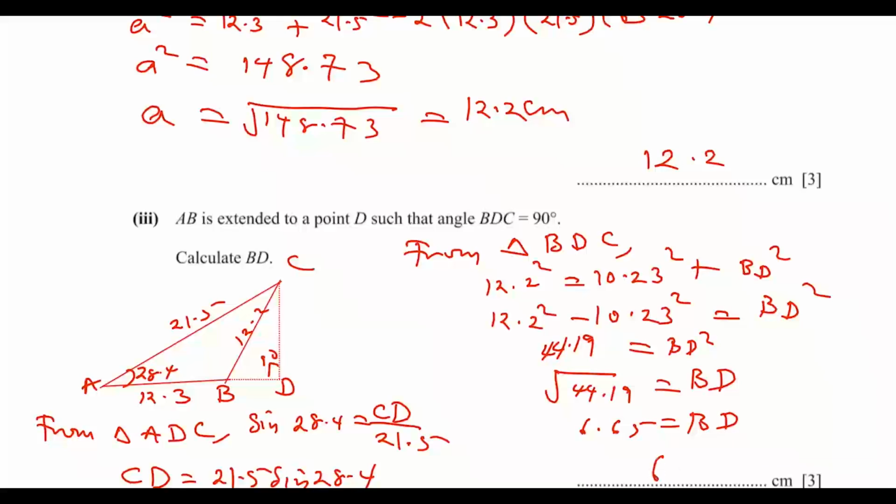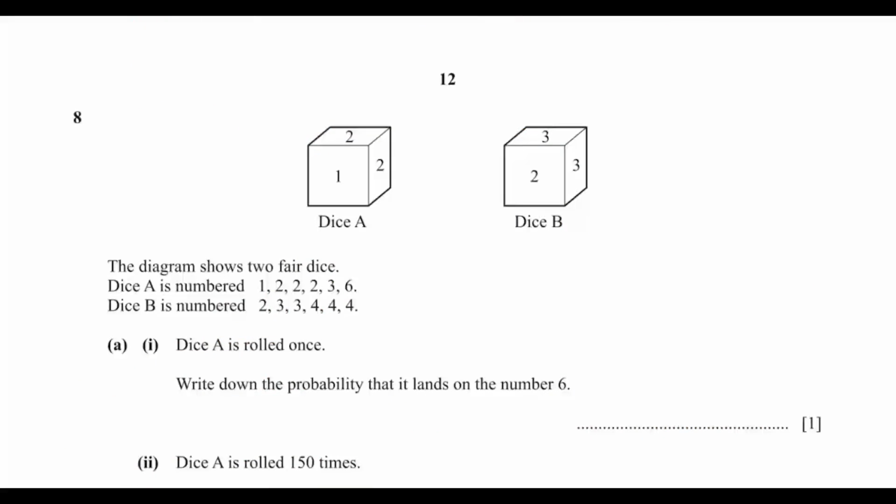So 6.65. Okay, so let's go to the next question. That will be question 8. The diagram shows two fair dice. Dice A is numbered 1, 2, 2, 2, 3, 6. Dice B is numbered 2, 3, 3, 4, 4, 4.